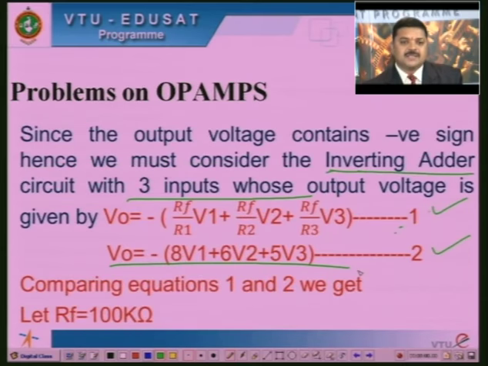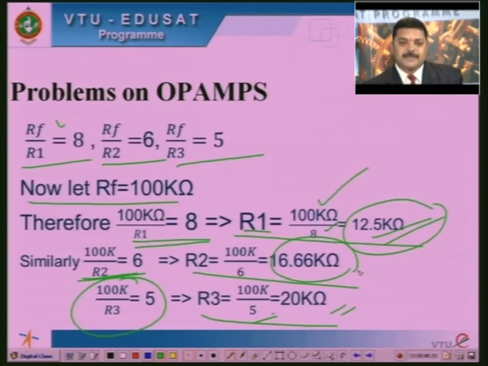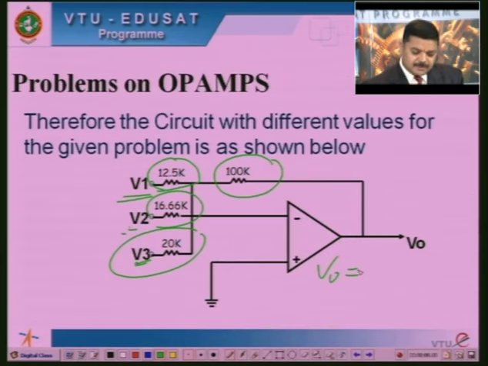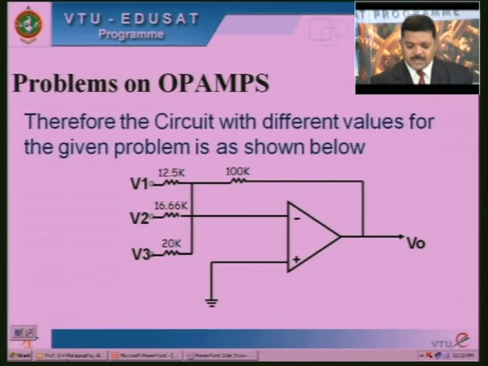We get minus of 8V1 plus 6V2 plus 5V3. So, this is the designing of the adder circuit. Whenever this type of problem is given, you have to calculate the values and insert all the values. Finally, you have to show that this is the designed circuit. Then only you will get the marks.